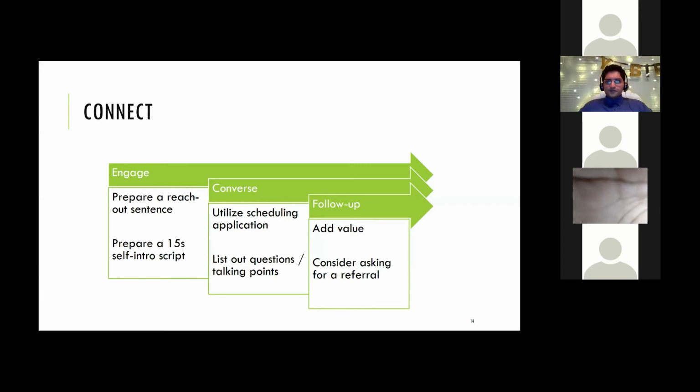And of course, respect the person's time when you're speaking with them, and list out questions and talking points that you would like to ask them when you eventually schedule a conversation and get into a conversation. I have found that asking for a 15-minute commitment is something which gives a good level of response.